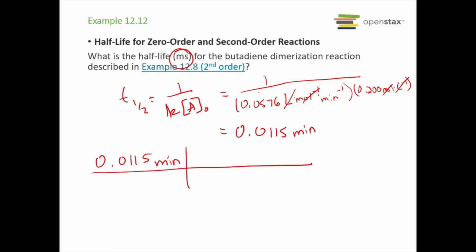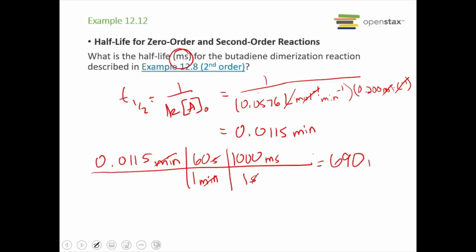And we know that there are 60 seconds for 1 minute. Okay. And now we can go from seconds to milliseconds. Milli means 1,000. There's 1,000 milliseconds for every 1 second. So we can see minutes cancel, seconds cancel. We're left with milliseconds, and we get 690 milliseconds.